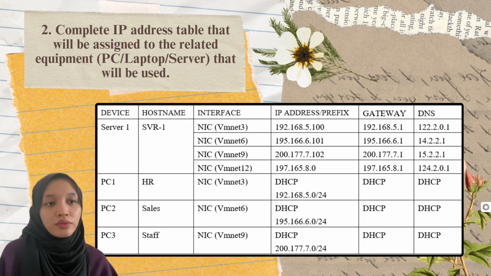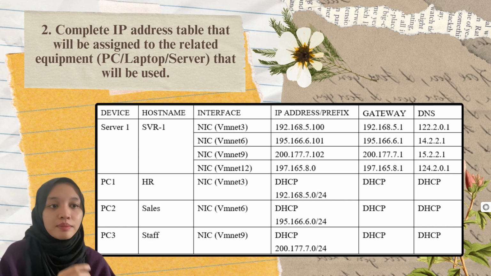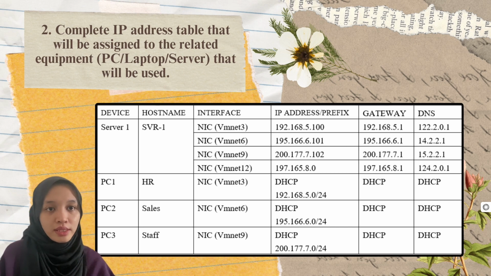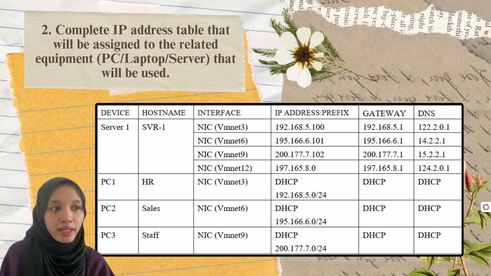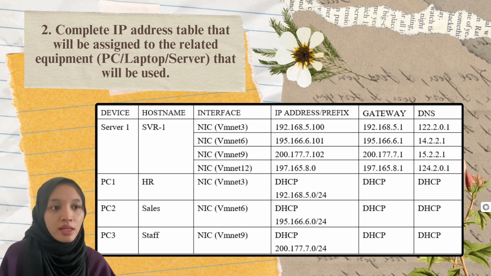Server 1 consists of 4 interfaces. The IP address for VMnet 3 is 192.168.5.100, the gateway is 192.168.5.1 and the DNS is 122.2.0.1.